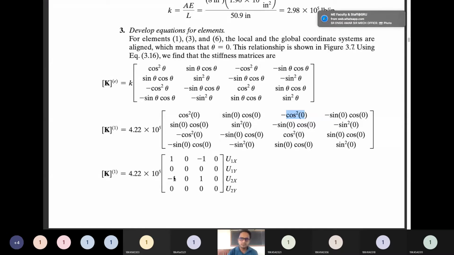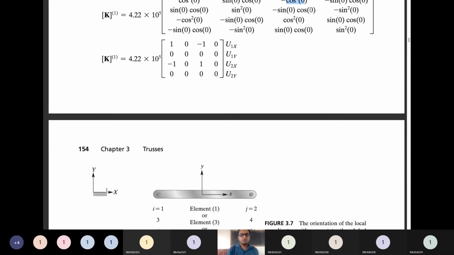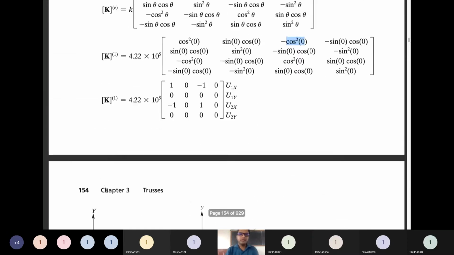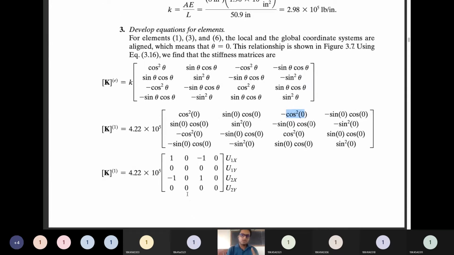Now, this is your element stiffness matrix for element number 1. Similarly, you can calculate for your element 3 and element 6. This is the stiffness matrix for an individual element. Now, you can place this in your global stiffness matrix.